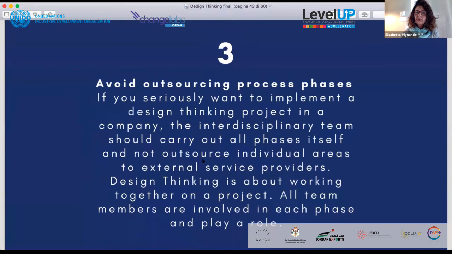So all team members are involved in each step and play a very important role by giving their point of view and their solution to come up with the final product for the market.